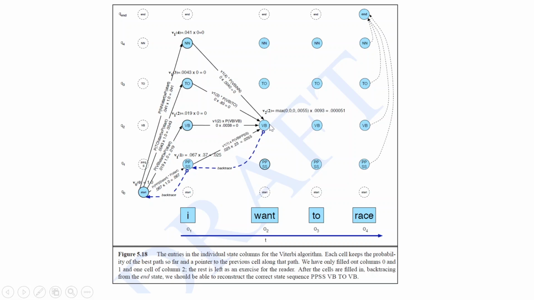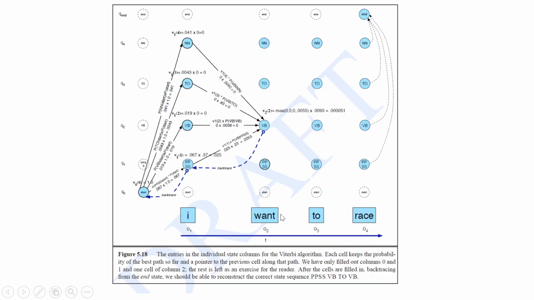In time slot 2, again, we have to calculate the Viterbi value for each of the 4 states. And how we do that is, the Viterbi value for the state VB is equal to the Viterbi value for the previous state V1, times the transition probability from PPSS to VB, times the emission probability of want.